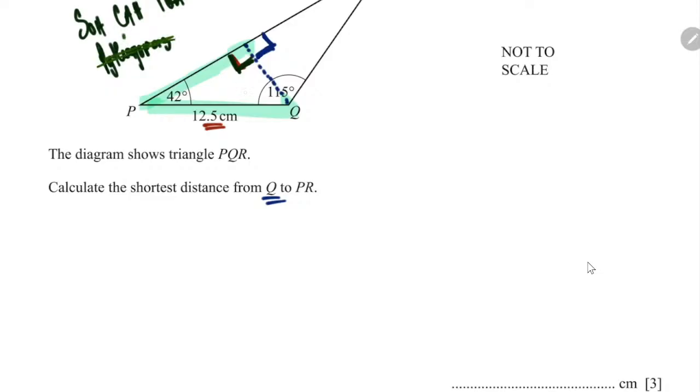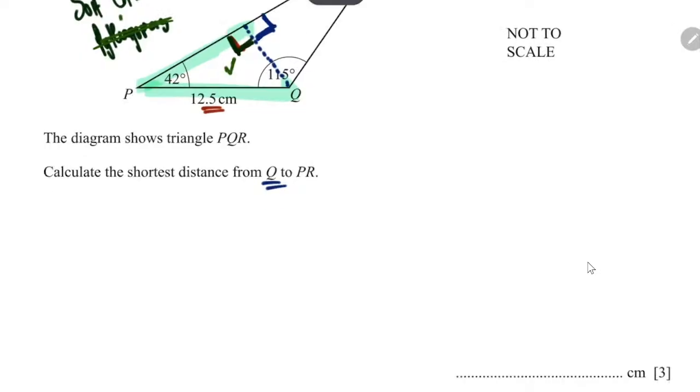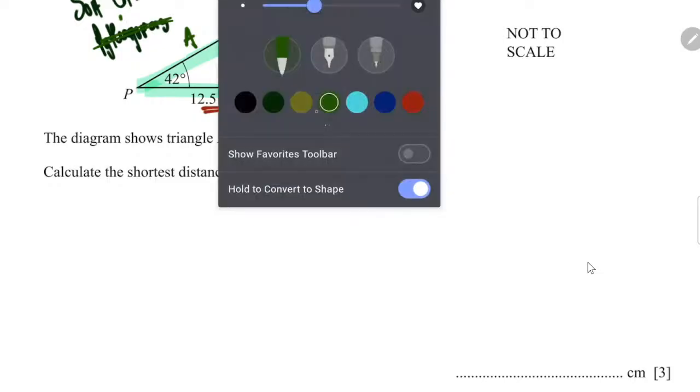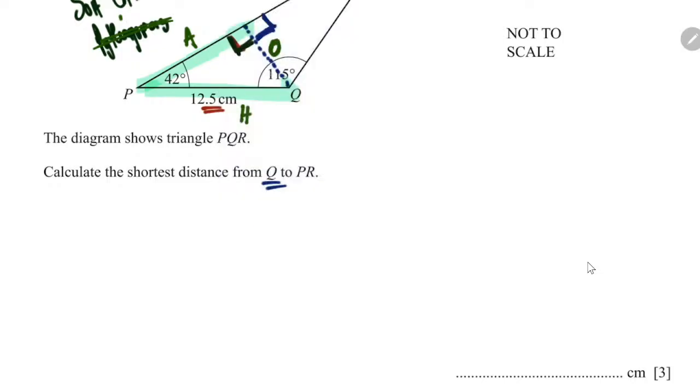So we use SOHCAHTOA. Now we label according to SOHCAHTOA. Opposite the right angle, hypotenuse. Opposite the angle that you know, opposite side. The third one, adjacent side. Now you want the opposite side, which is the shortest distance. Then adjacent is out.